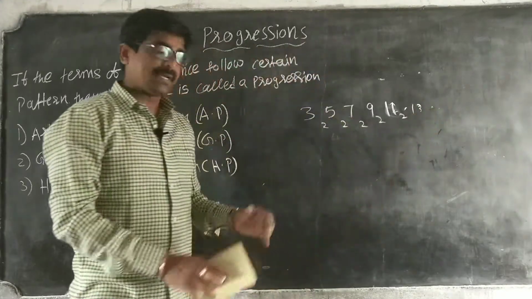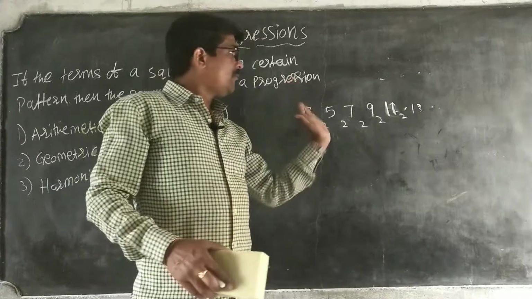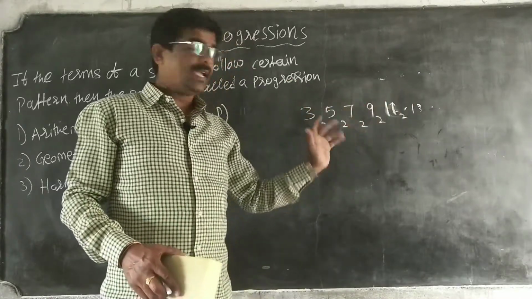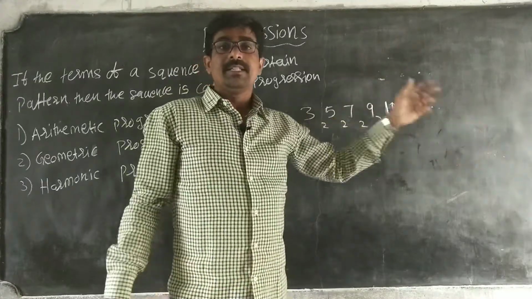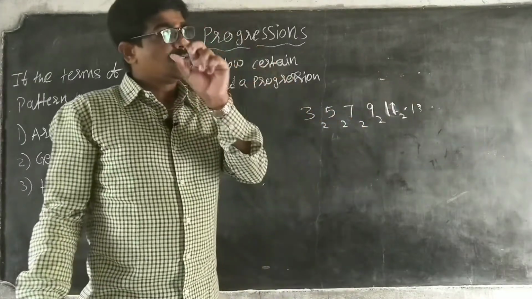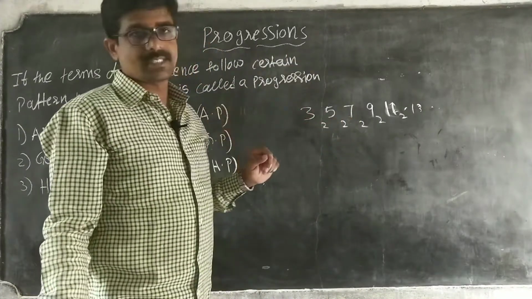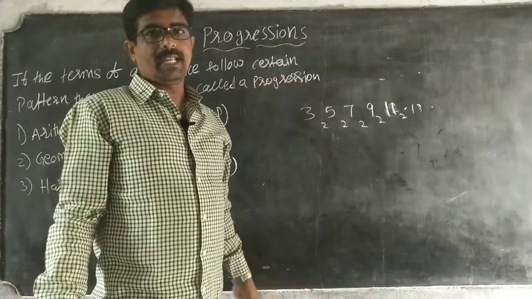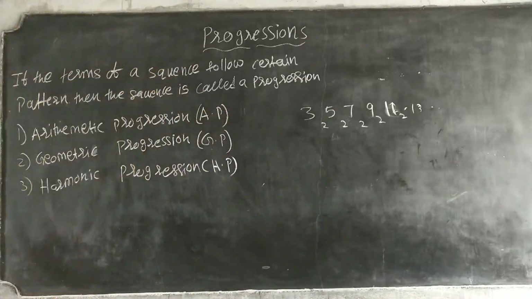This is a particular order. So except the first number, we are adding 2 to the successive number each time. This is a particular pattern. These terms are called arithmetic progressions.